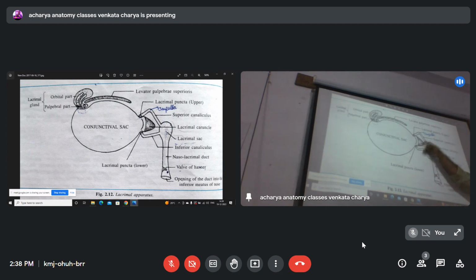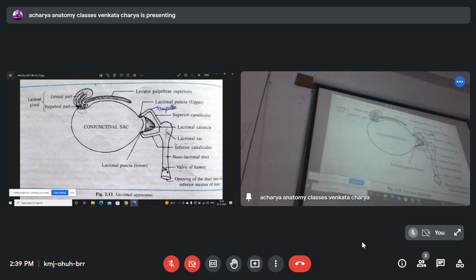So what are the lacrimal puncta? The lacrimal puncta are two openings present on the medial side, medial to the conjunctival sac.